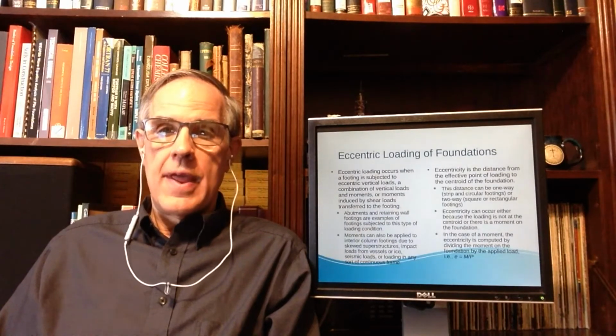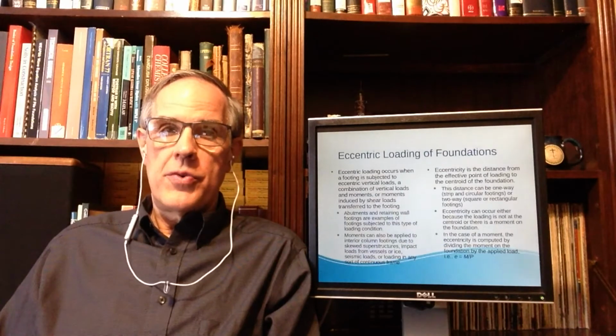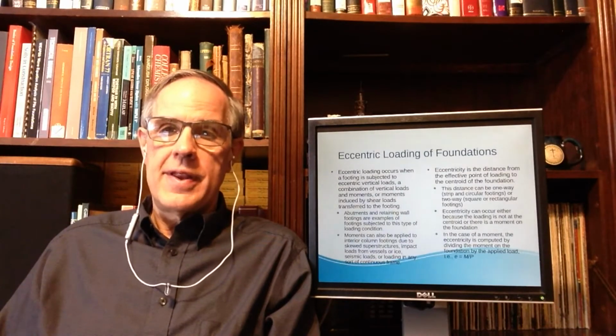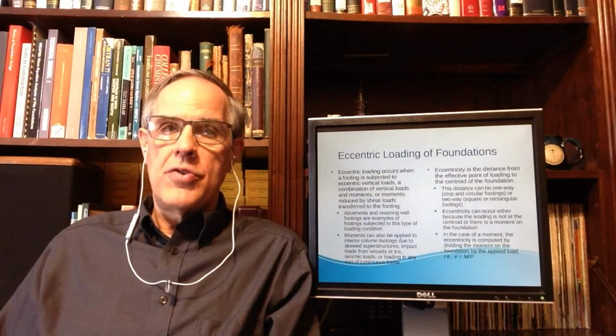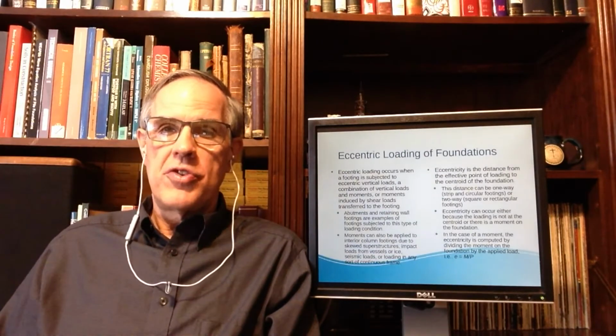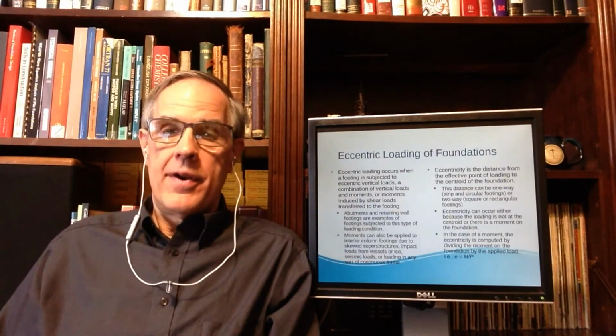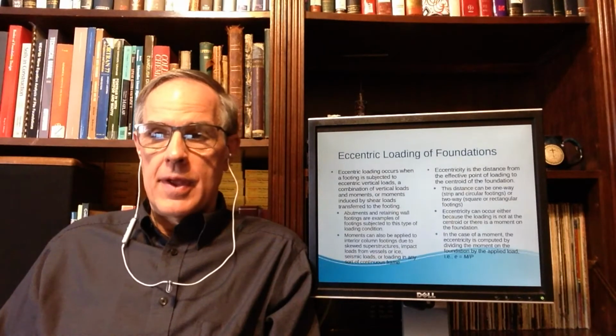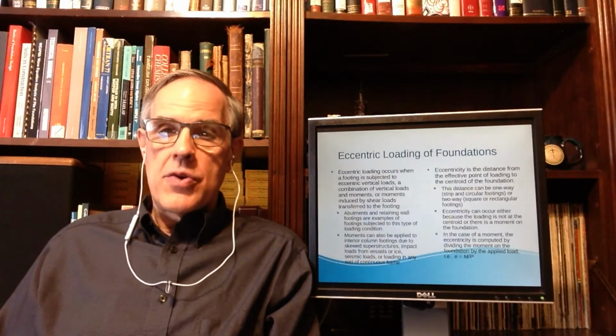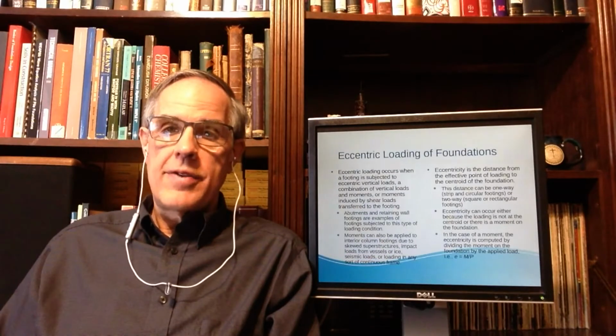In other words, the effective point at which we're assuming at this point that all the loads can be resolved to one point load somewhere on the foundation. There's a number of ways that can happen.